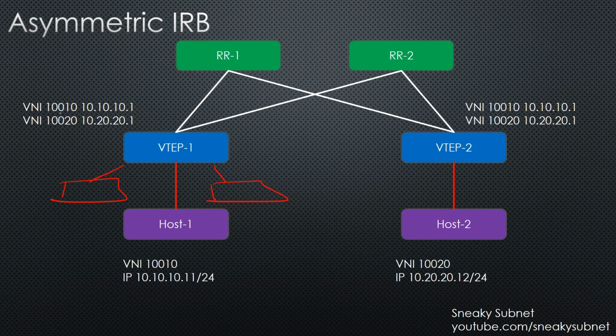And it means that it is configured with the default gateway for all those VNIs. So in our case, it is configured as 10.10.10.1, which is the default gateway for this subnet, and it is configured with 10.20.20.1, which is the default gateway for that subnet. And exactly the same is happening on VTEP number 2.